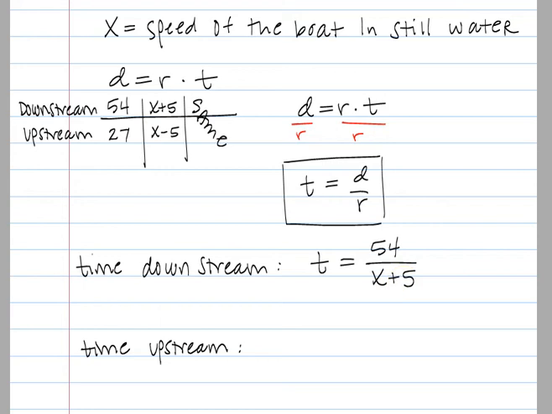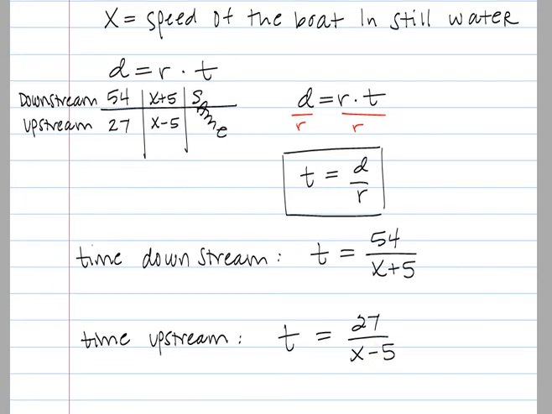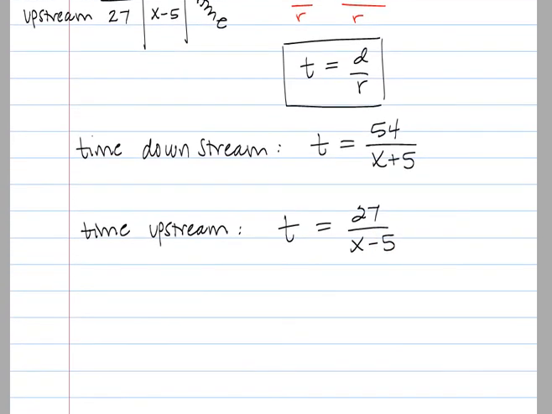Now we can create an equation to represent the time going upstream: t equals the distance divided by the rate for the upstream trip, which is 27 divided by x minus 5. Now, since we're told that these times are the same, in other words, these times are equal, all we have to do is set these expressions equal to each other and solve.